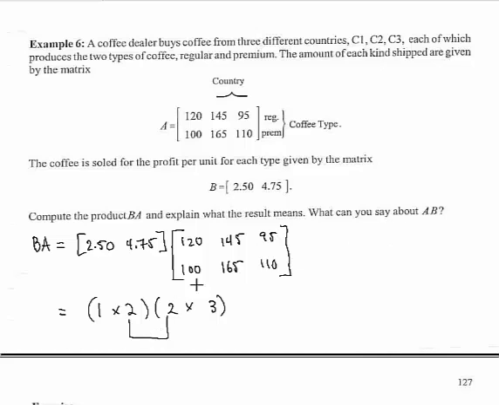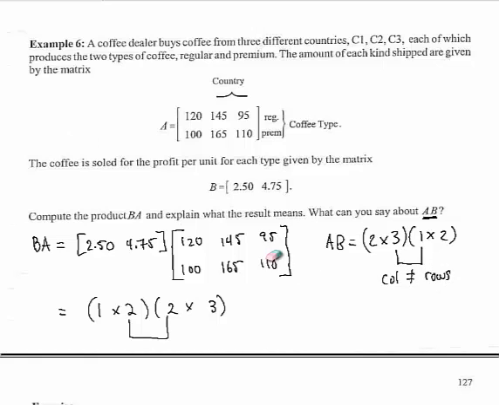But before we do that, we'll go ahead and answer the second part of the question. What about AB? Well, AB would be A, which is a 2 by 3, first, times B, which is a 1 by 2, and then we see that the columns don't match the rows anymore. Columns not equal to rows, so we cannot compute AB.